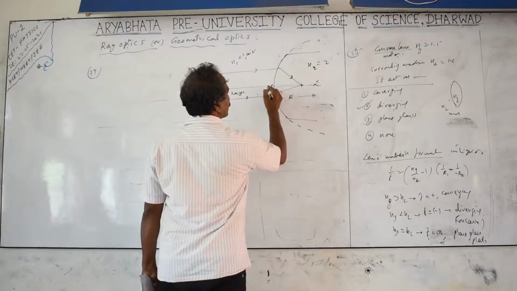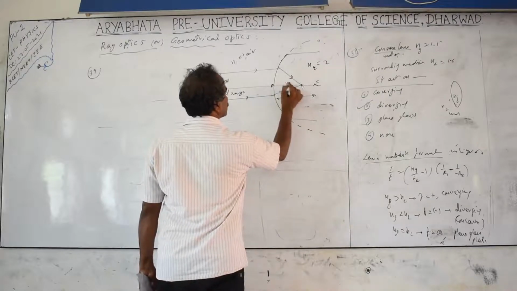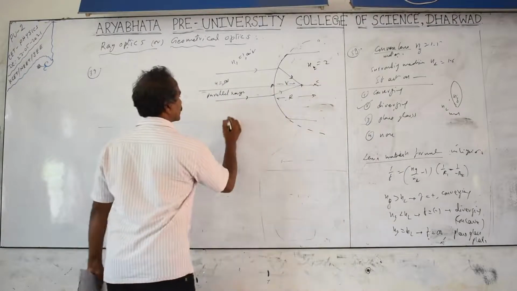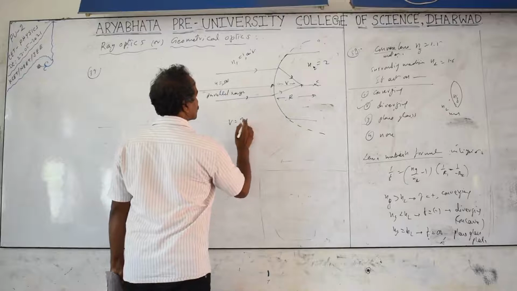This is the pole. This is U and this is going to be V. V we have to find out. V equal to how much?